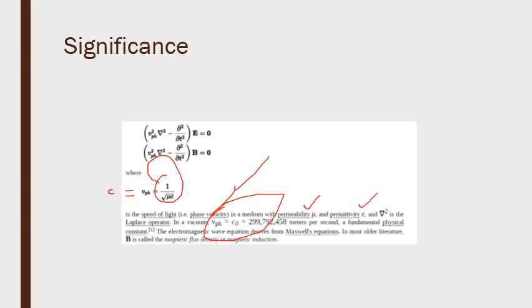The answer is close to this. So this gives a new understanding of light. The electromagnetic waves that we are discussing actually are light waves. We can develop many applications.